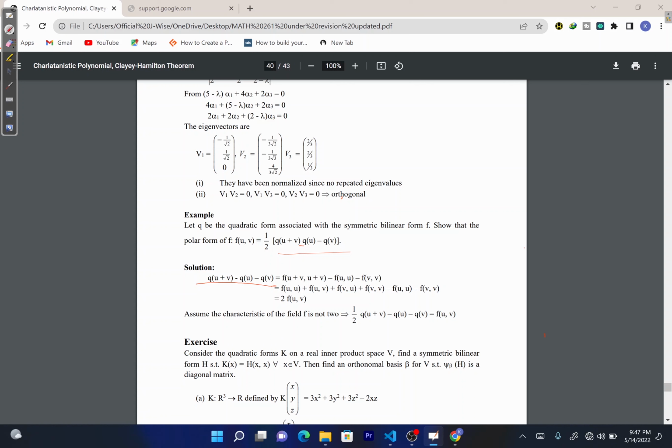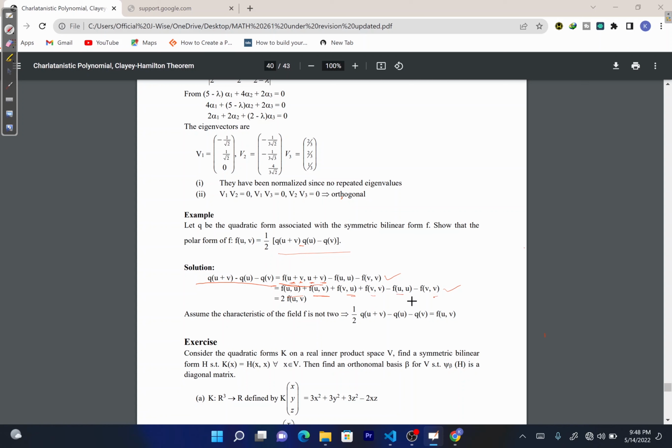Then Q of u is f u u, and Q of v is f v v. We can also split the first term into f u u. Pick the first u, match it with the second, that's the v, so we have f v u, and also f v v, minus the other terms.